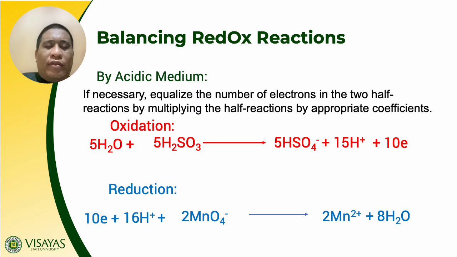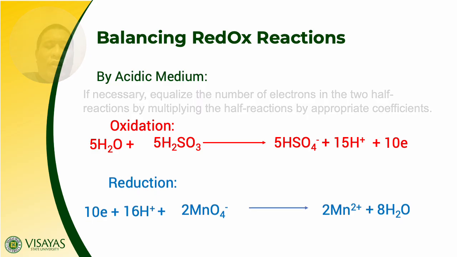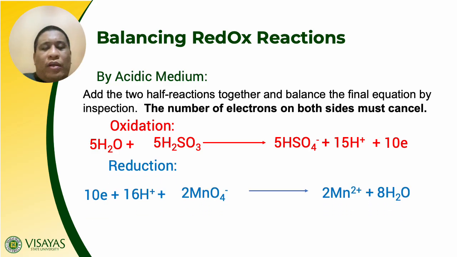Now we can combine the 2 half reactions together and balance the final equation by inspection. The number of electrons on both sides must cancel.